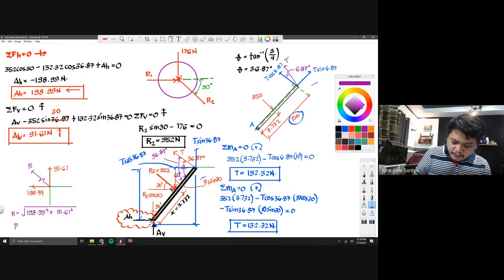So, you have here R, square root of 198.99 squared plus 91.61 squared. Okay, so that's around 219.06 Newton. Okay, so ito na yung ating pinaka-reaction.